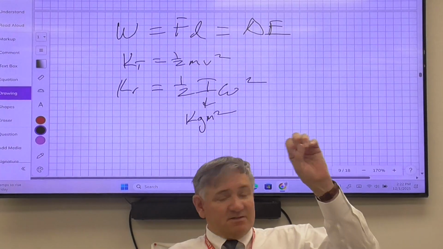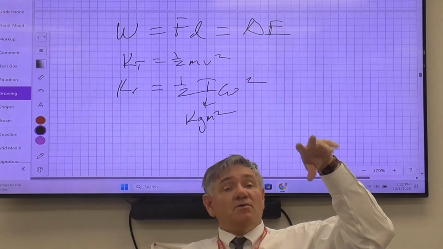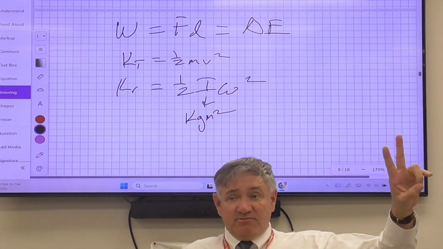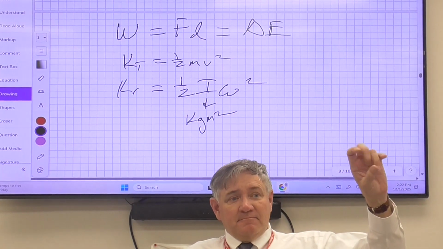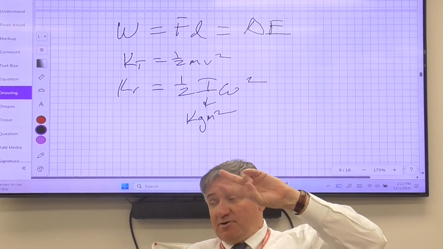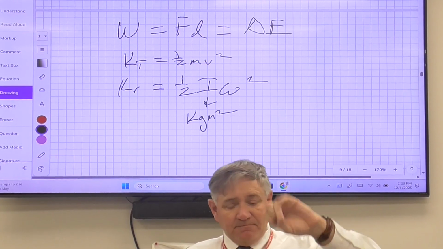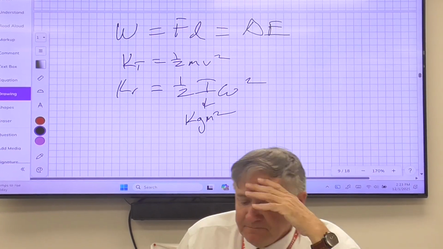Because remember, it's all some form of mass times radius squared. What's the only time you can use MR squared? Two situations: point mass and thin hoop. Otherwise, you have to look up the equation.